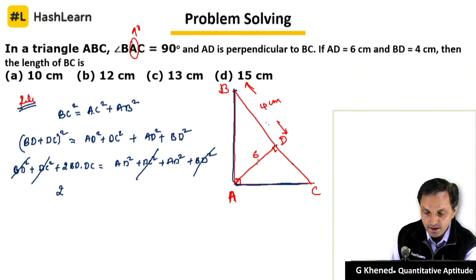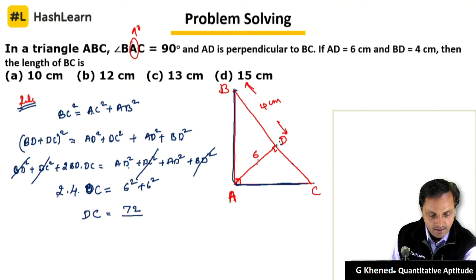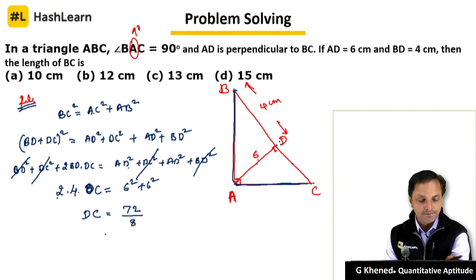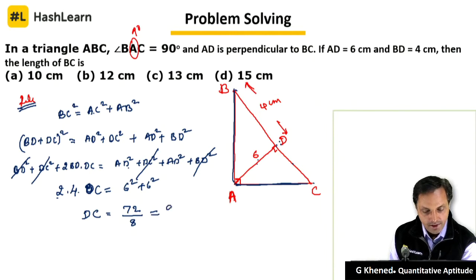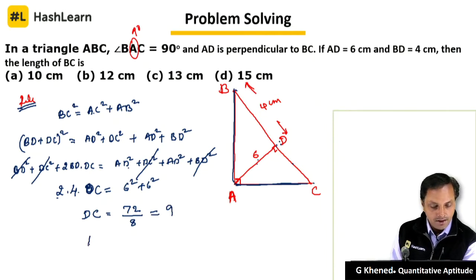BD is 4, DC we will find, and AD square is 6 square and 6 square. So DC will be equal to 36 plus 36 is 72 by 4 into 2 is 8. So 8 9s are 72.